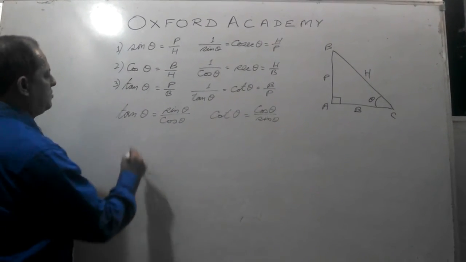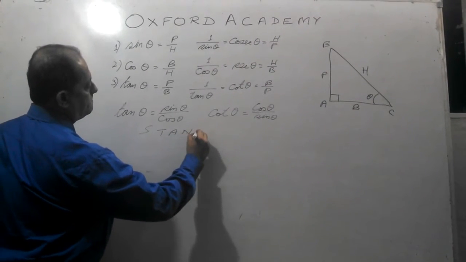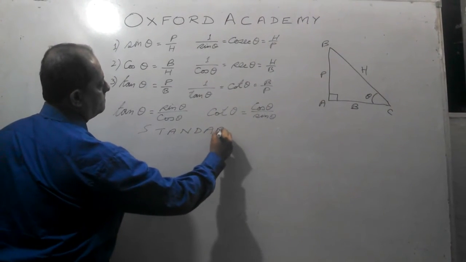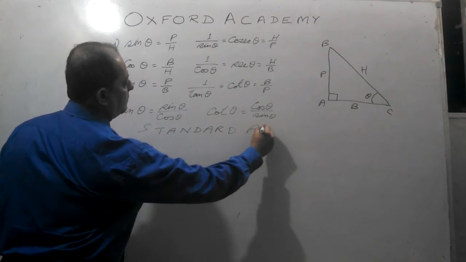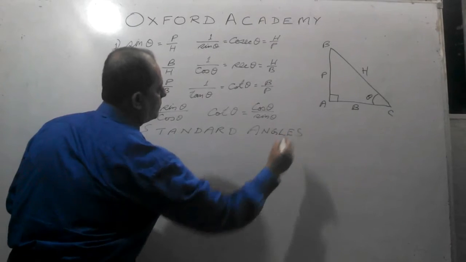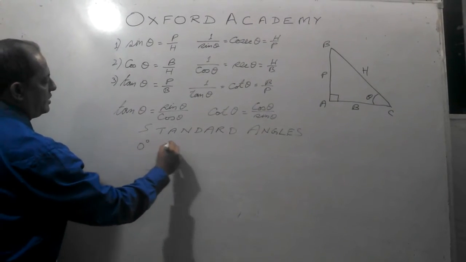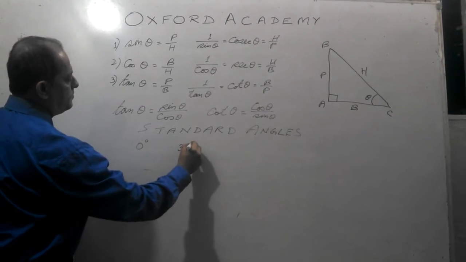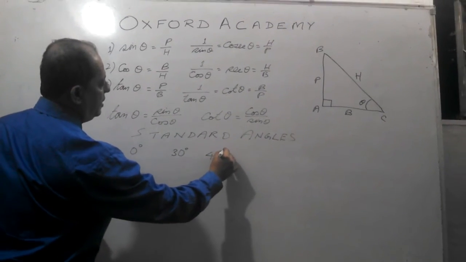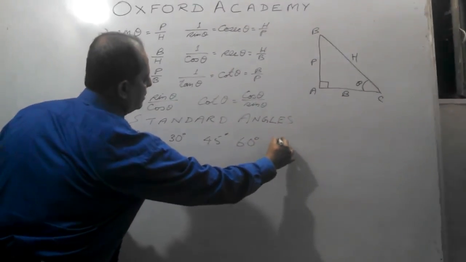Now we will take some of the standard angles. Standard angles are 0 degree, 30 degree, 45 degree, 60 degree, and 90 degree.